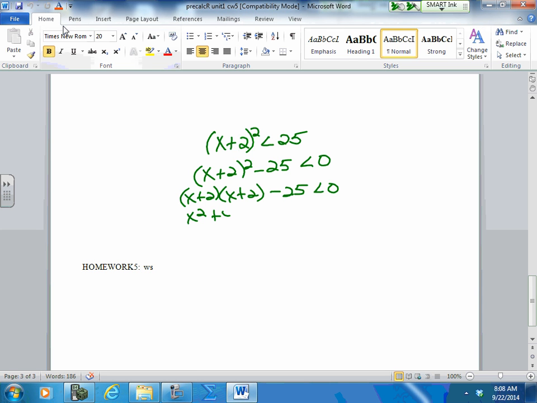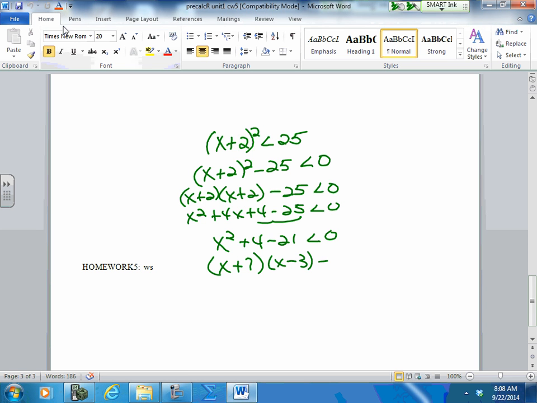So plus 2x plus 2x plus 4x plus 4. And now you can combine these. So what factors of 21, negative 21, give me a positive 4? 7 and 3. Good.